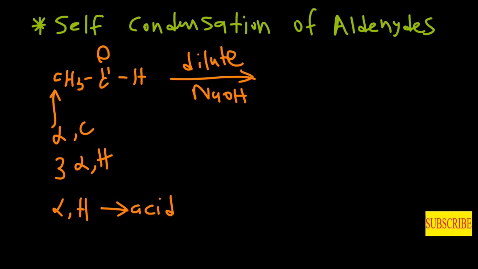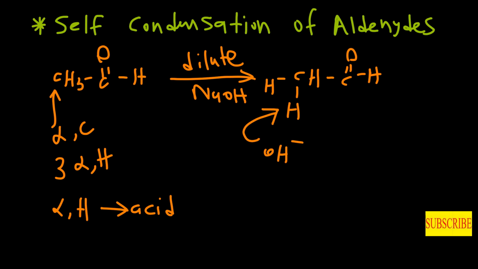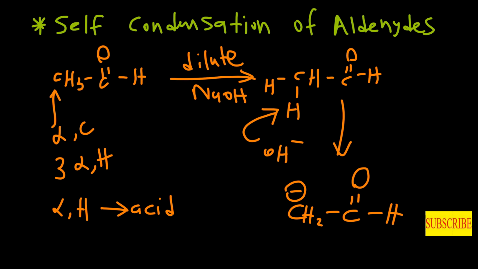Then this acetaldehyde can be represented just like this. Then this OH minus, which comes from dilute NaOH, attacks this hydrogen, that means alpha hydrogen, and forms this nucleophile. This is the first reaction of this mechanism.